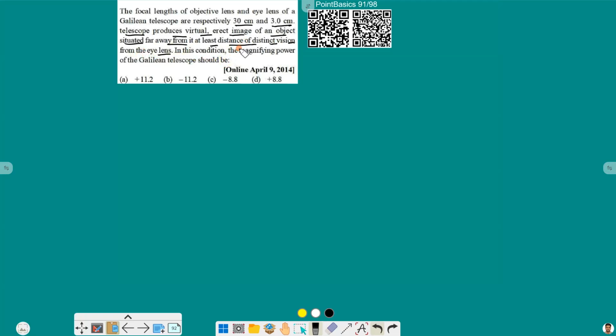So for the Galilean telescope, we have magnifying power equal to FO by F of E into 1 minus FE by D, and that will be equal to 30 by 3, 1 minus 3 by 25. Solving this, we will get 8.8, and that is positive. So option D.